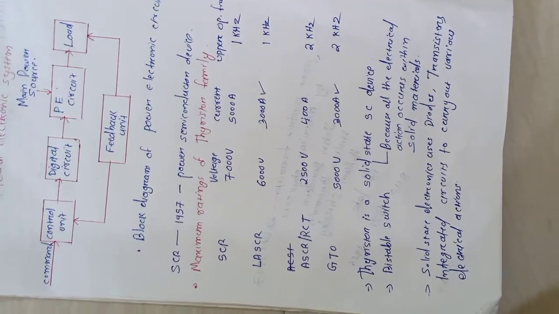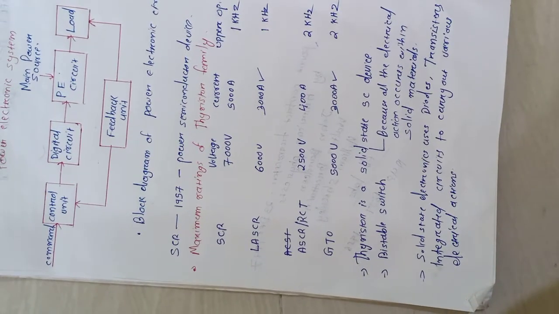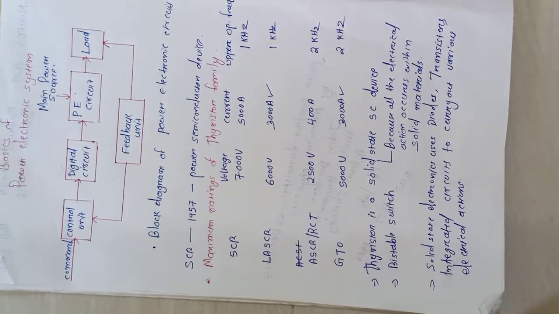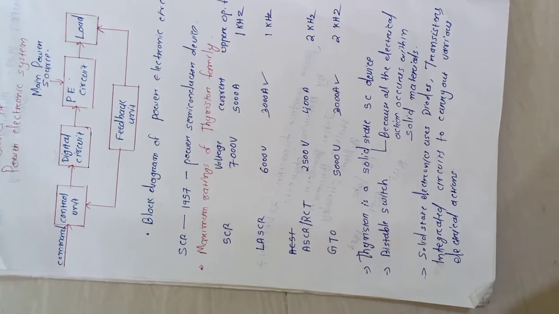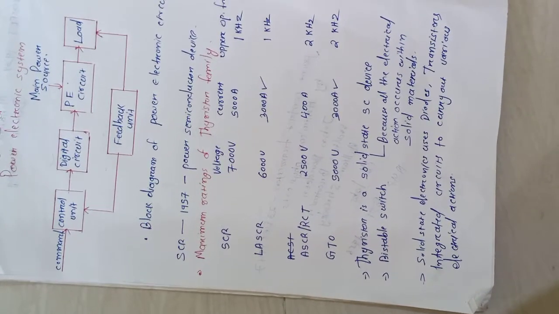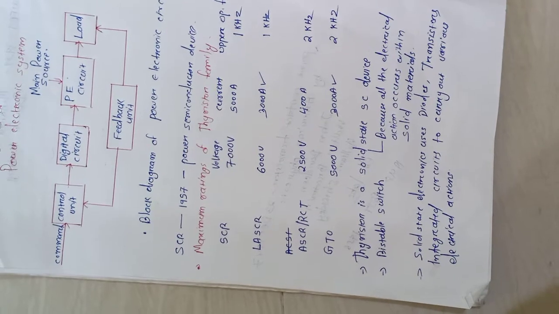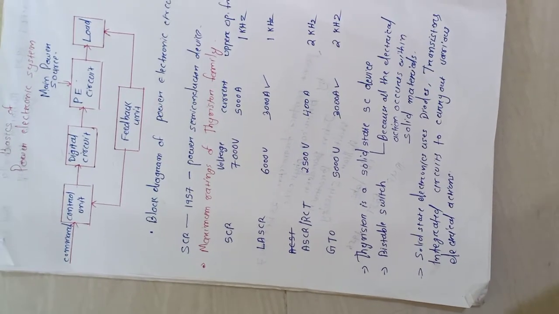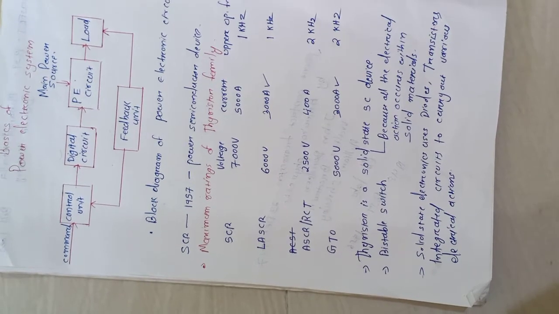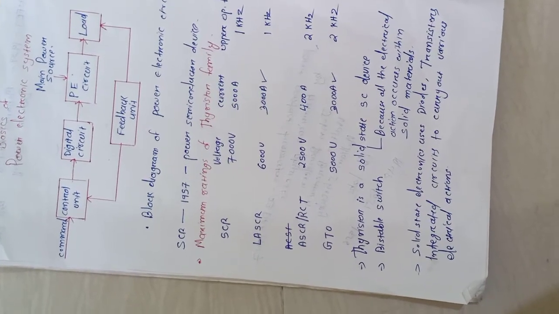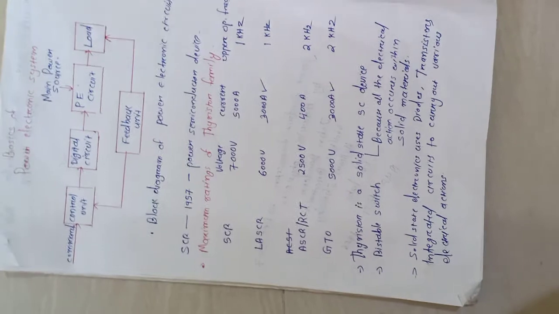Because all the electrical actions, that is power control, voltage control, among others, occur within the solid material. So a thyristor क्या है? Thyristor has 4 alternating layers of P and N type materials, and those materials are made up of silicon, germanium among the semiconducting materials.